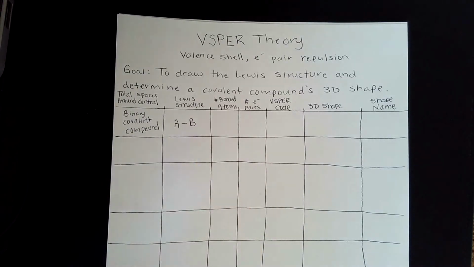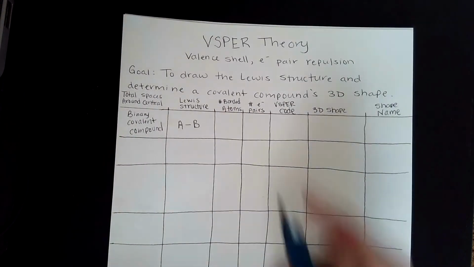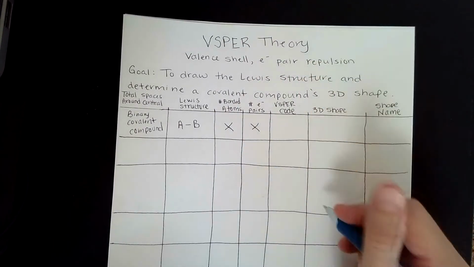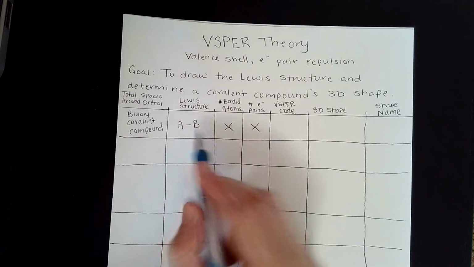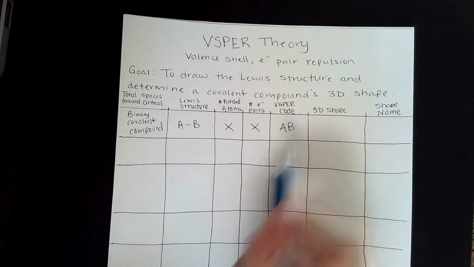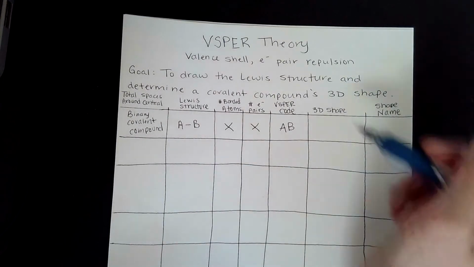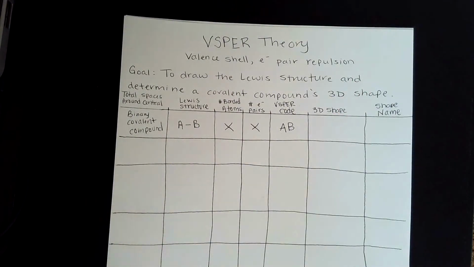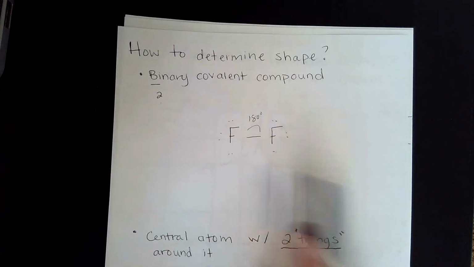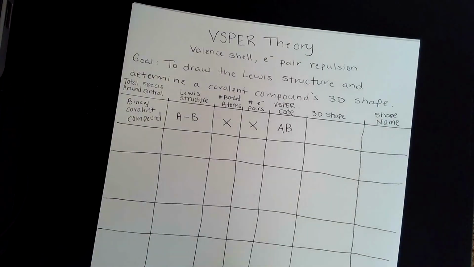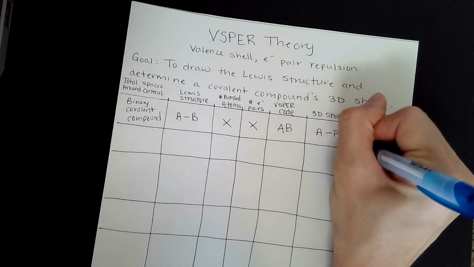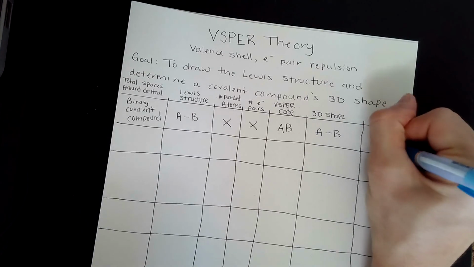So we have 2 things bonded together. We're going to ignore these here, and our VSEPR code will be, we just have A and B together. So as we stated before, if 2 things are with each other, they form a linear shape. So our 3D shape will just be in a line, and this is called linear.